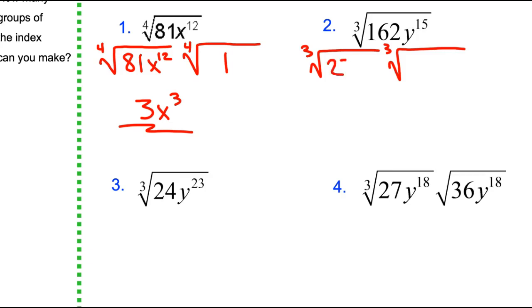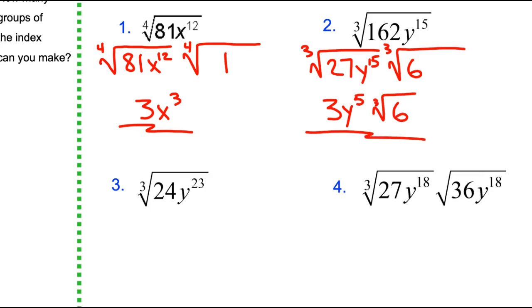So 27 is a perfect cube and 6 is not. And y to the 15th is a perfect cube there, so we're good there. Now the perfect cube 27, that's 3. Y to the 15th is a perfect cube, that's y to the 5th. You take 15 divided by 3, you get y to the 5th. And then what's left in the radical is the cube root of 6. Ka-chow.